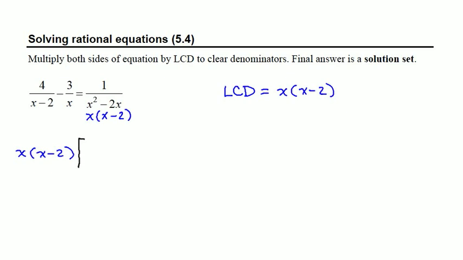So x times x minus 2 gets multiplied by 4 over x minus 2 minus 3 over x. And over here on the right-hand side also, it gets multiplied by this 1 over x times x minus 2.